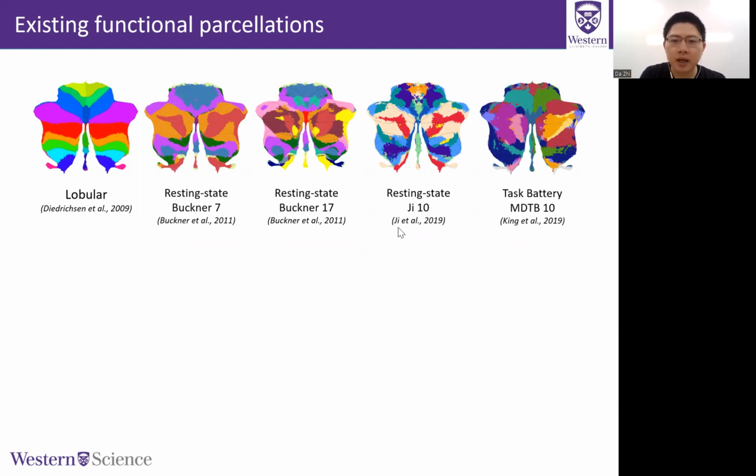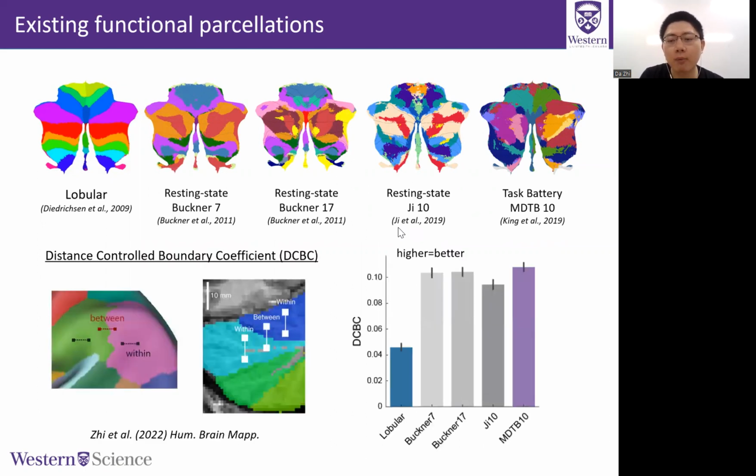So this is quite nice. And if we quantify how well these proposed parcellations correspond to the functional task boundaries using an evaluation metric called DCBC, we see that the most recent task-based parcellation, MDTB10, shows better performance.